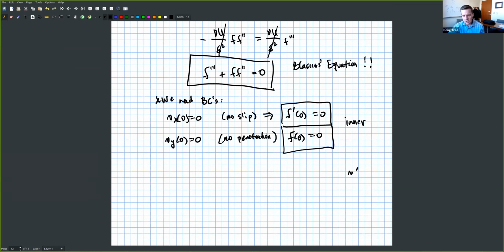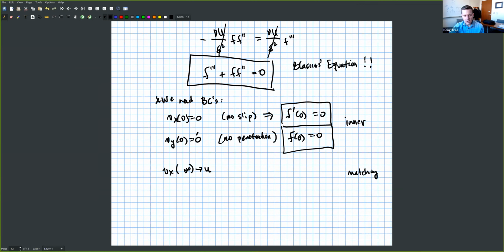Then I need a matching condition to match the outer solution. And what that says is that Vx at infinity should approach u, right? Which is the outer solution. And that's a trivial solution. So I don't have to worry about doing the whole thing where I did the Taylor expansion or whatever, because I know the outer solution just has to be u.